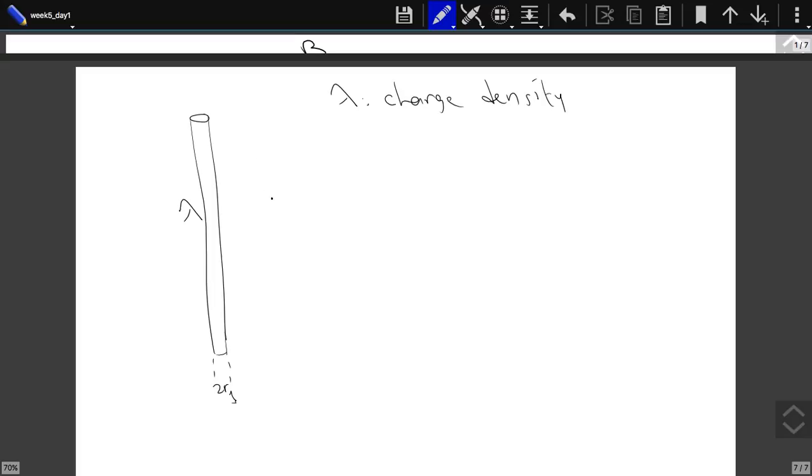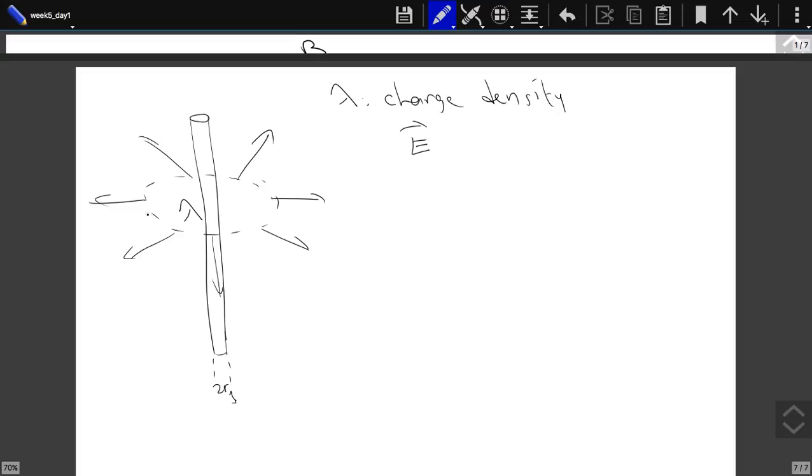What is the magnitude of the electric field over there at this point? We start by a Gaussian surface. We know that the electric field should be in this direction. If you imagine this circle, the electric field everywhere will be horizontal and away from my wire. This is the direction of the electric field.